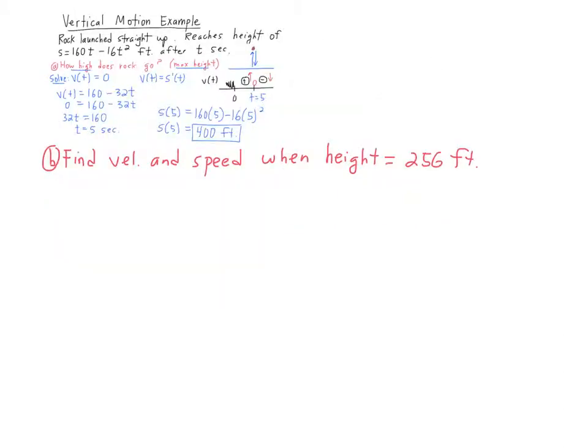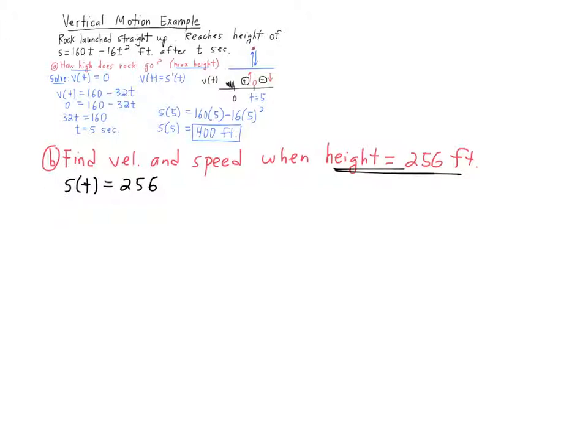In our next problem, we're looking to find the velocity and the speed when the rock achieves a height of 256 feet. Before we can find our velocity and speed, we need to determine the time value when this occurs. So we take our s of t equation and set it equal to 256, since we know that the height is 256.